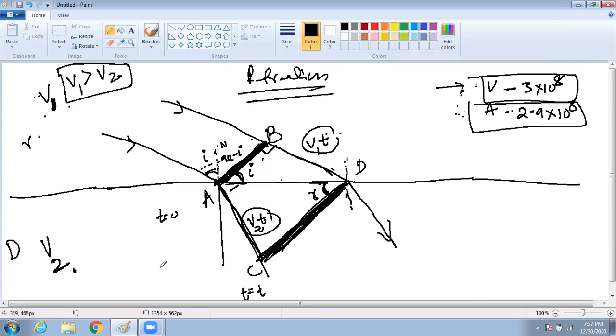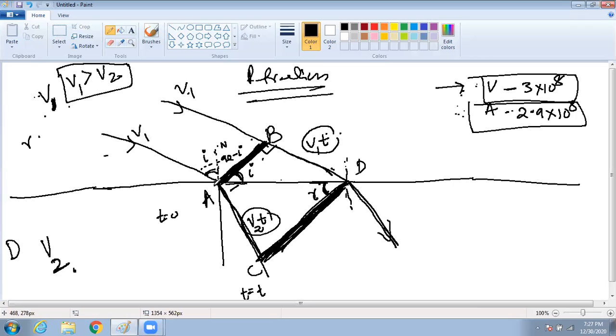So now what about the refracted ray? Both the rays have speed V1.